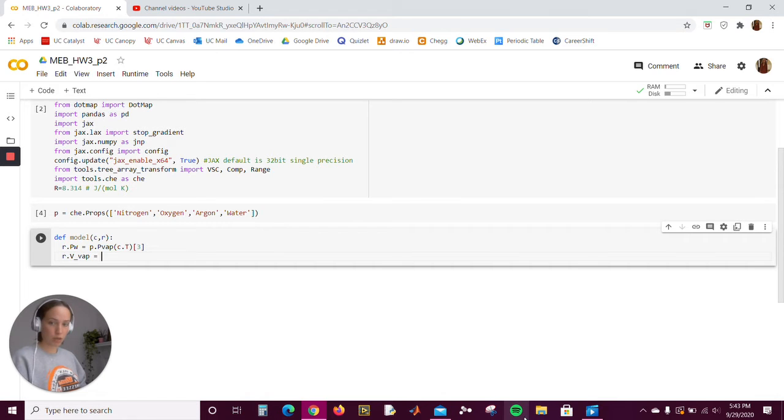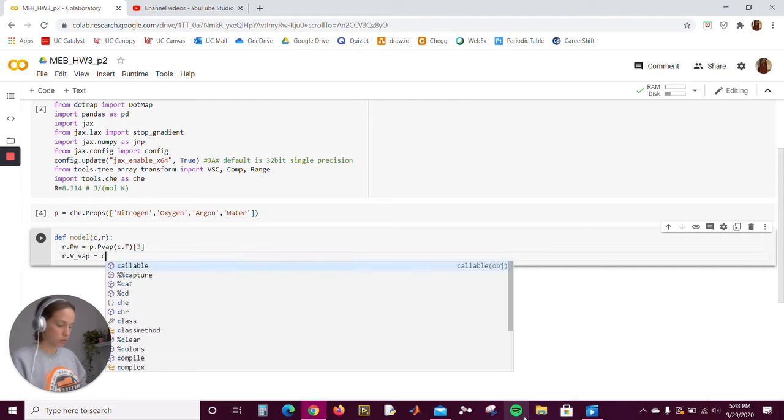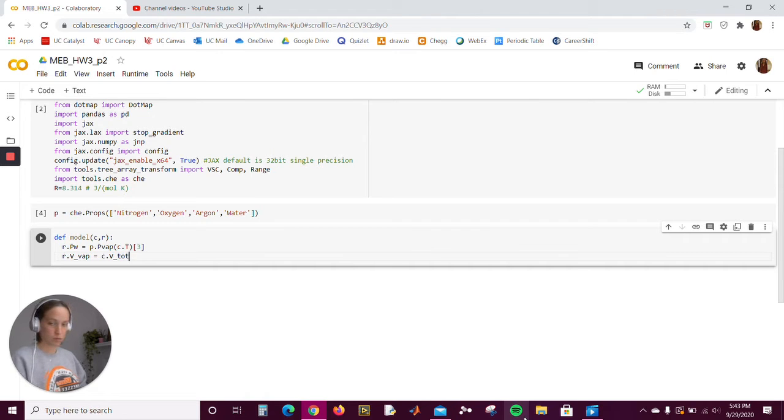Again, let me just type something out, and then I will explain it. Okay, so what this is saying is, again, we discussed in part 1, the volume of the vapor phase, so that's going to be the total volume minus the volume of the water, which, again, are all values that we're going to plug in or find either by an equation or straight value down the line.